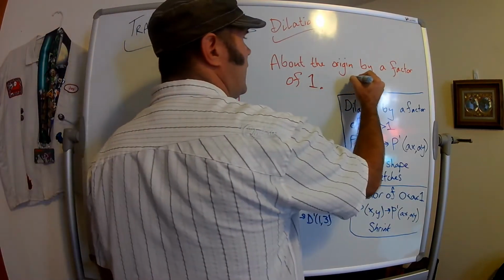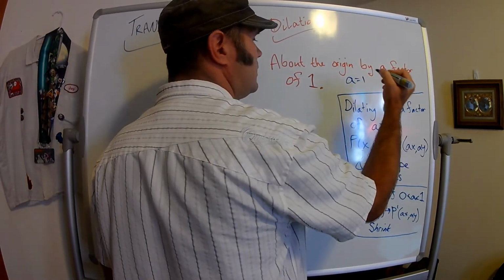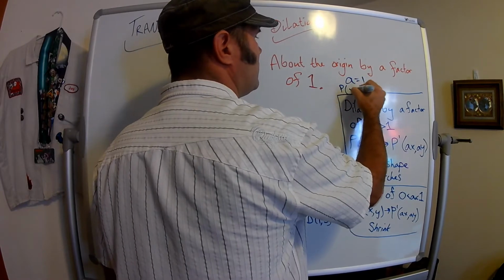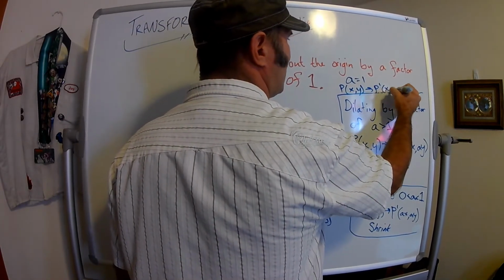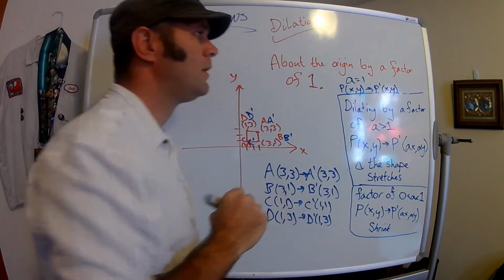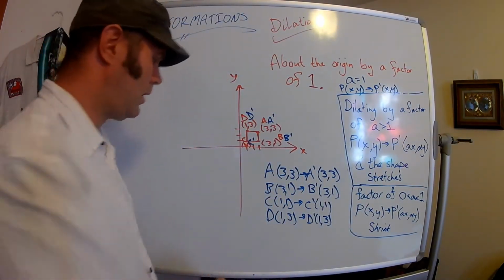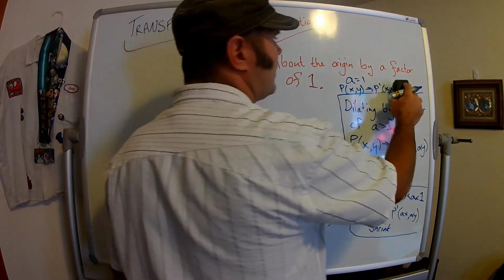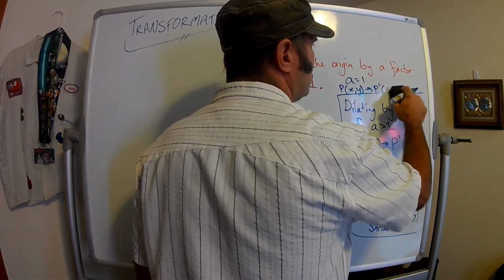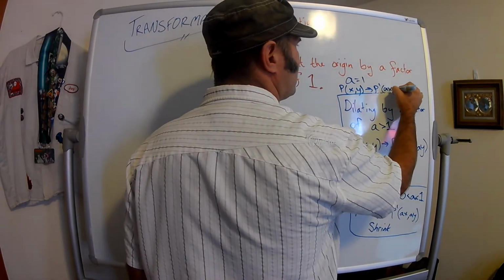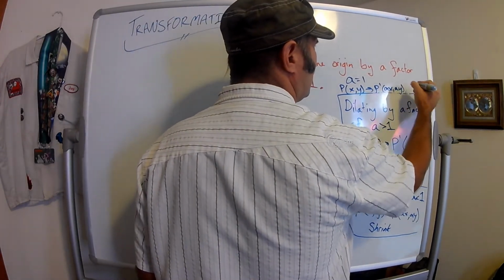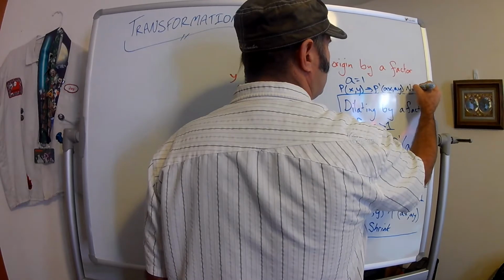So when A equals 1, P of x comma y becomes P prime x comma y. And you might say, well, we could still say A because we were multiplying by A, and you're right. We don't have to write it that way. We could write it this way: AX comma AY, and no change.